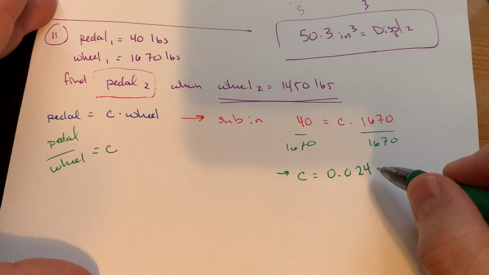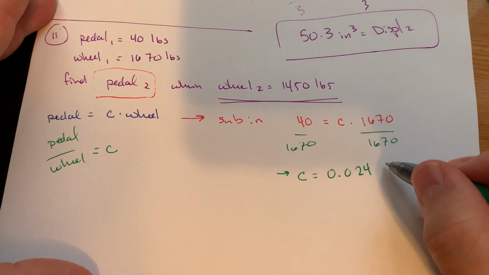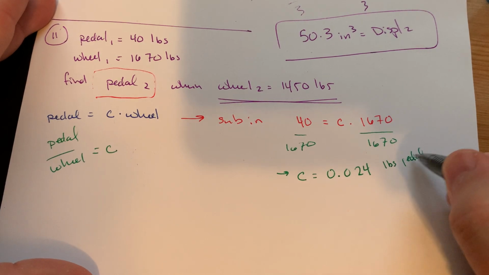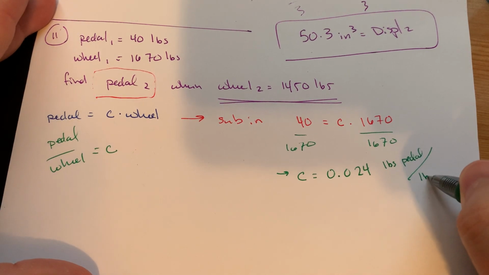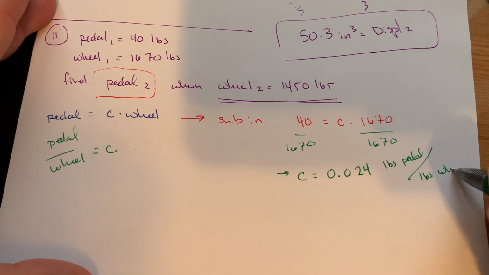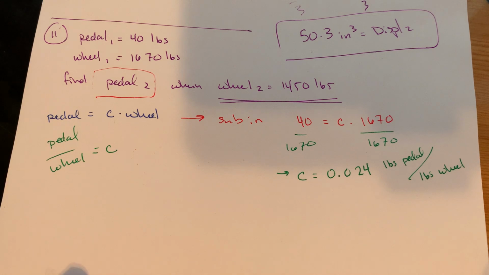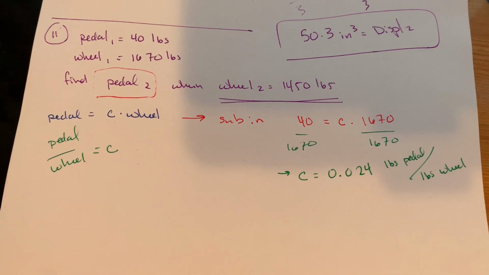My constant is 0.024 pounds at the pedal per pound at the wheel. So I need 0.024 pounds of force on the brake pedal to get 1 pound of force down at the wheel.